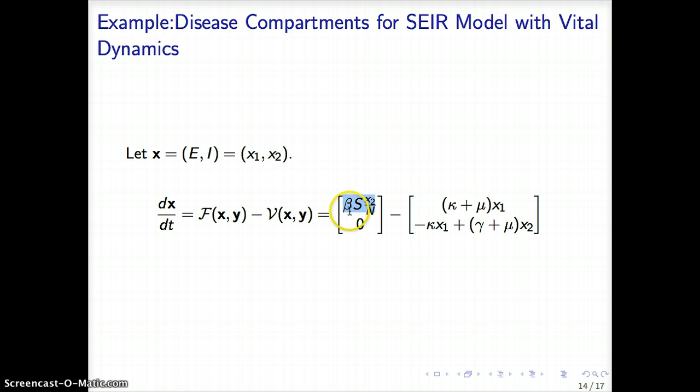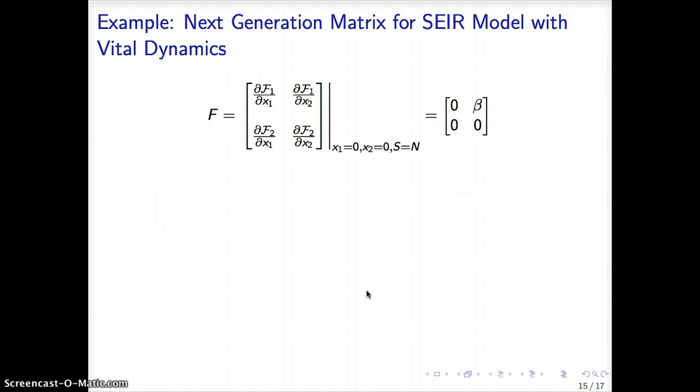This first component is considered f sub 1, and we want to compute derivatives of every component with respect to x1 and x2. The derivative of this expression with respect to x1 will be 0. The derivative with respect to x2 would be beta S divided by N. The derivatives of the second component are both 0. So that's what leads to this 2 by 2 matrix.